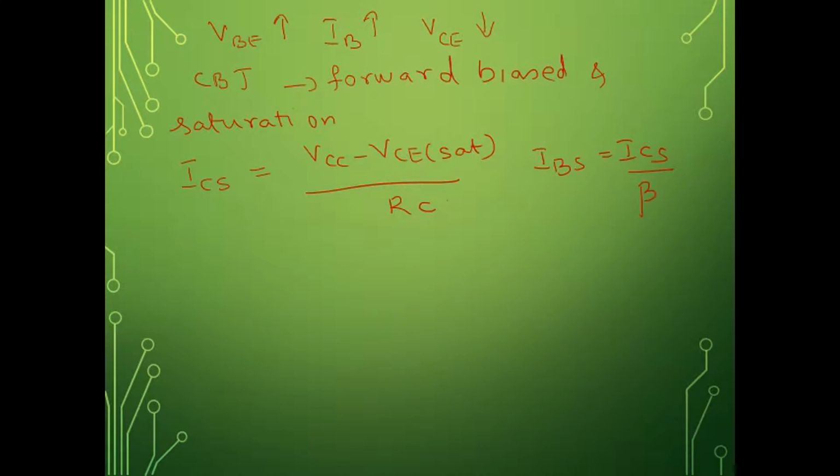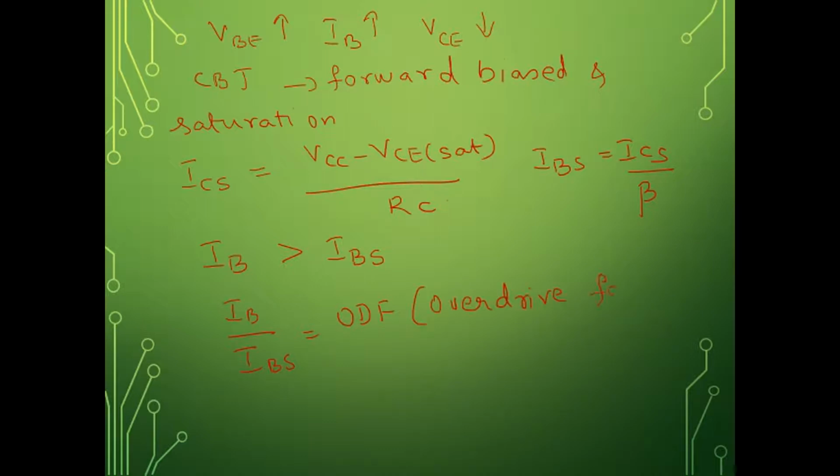Normally the circuit will be designed in such a way that our base current is greater than the saturation base current. So this IB by IBS ratio is known as overdrive factor.